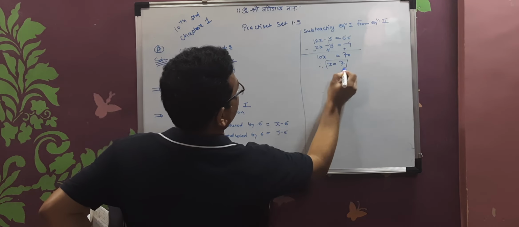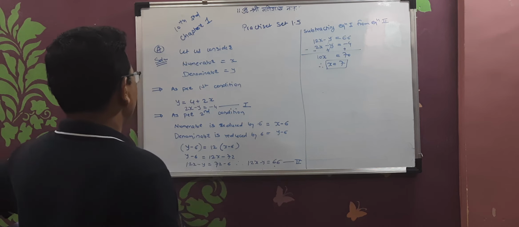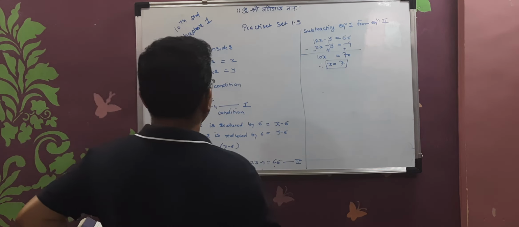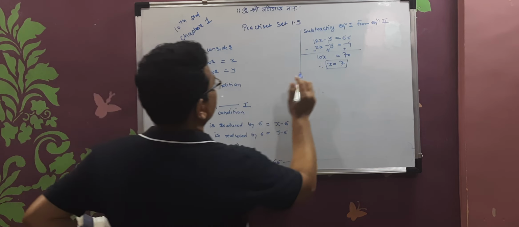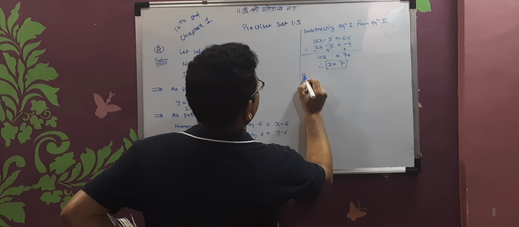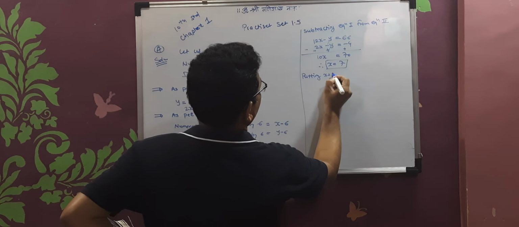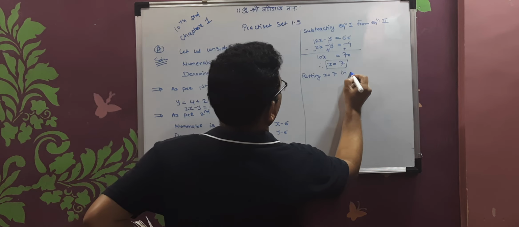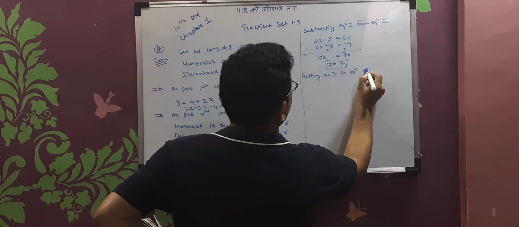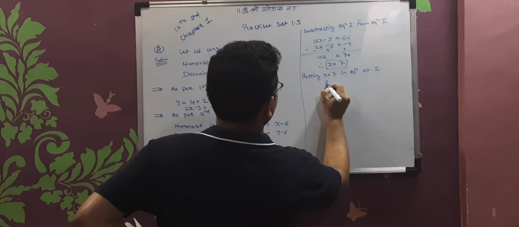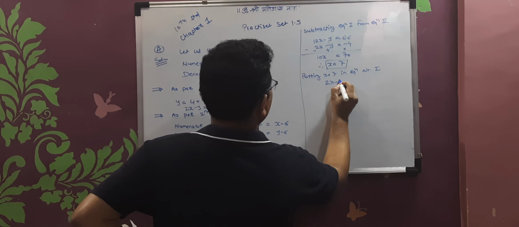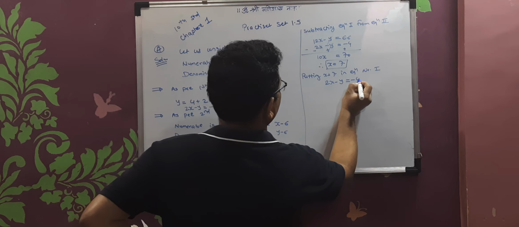Now we have got the value of x. Now we want to get the value of y. So we will put the value x is equal to 7 in equation number 1. What is equation number 1? This is 2x minus y is equal to minus 4.